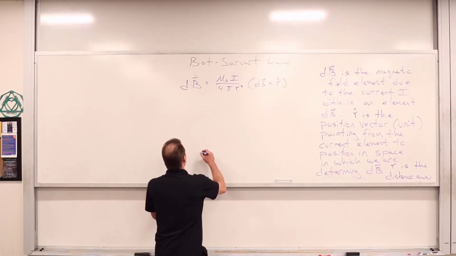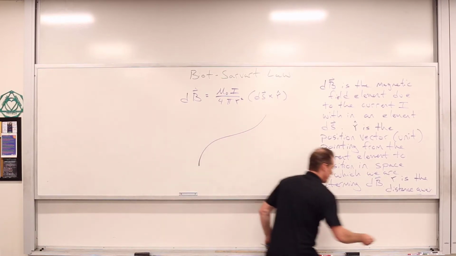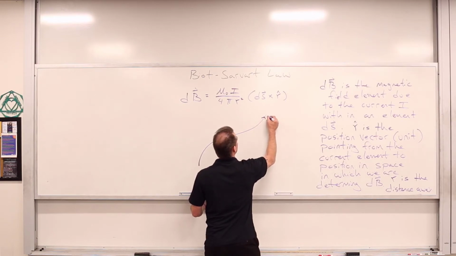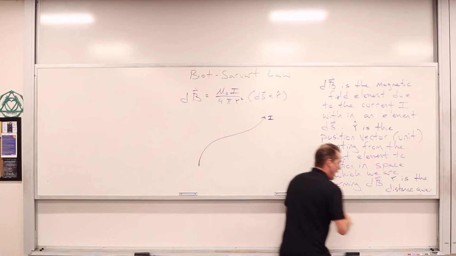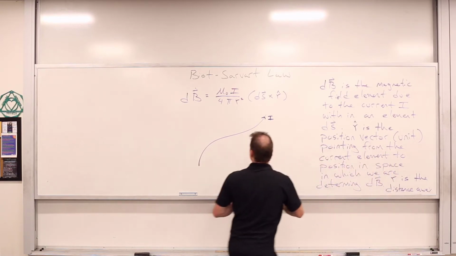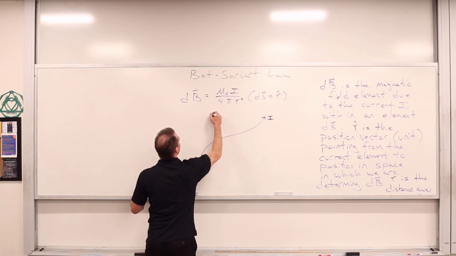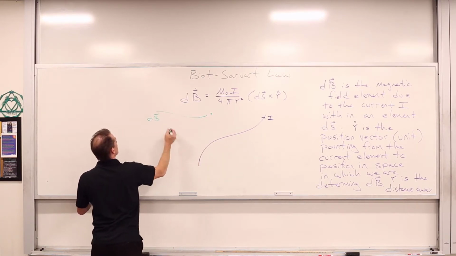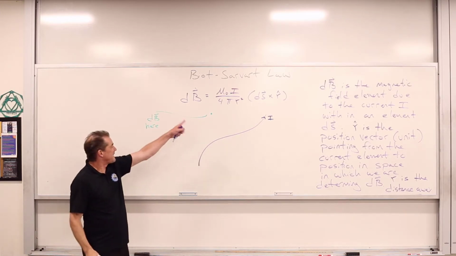So commonly, we look at something like this, and what we could do is say that there's some current within this, we'll say, wire here. And what we want to do is look at some position in space and say, what is dB there?